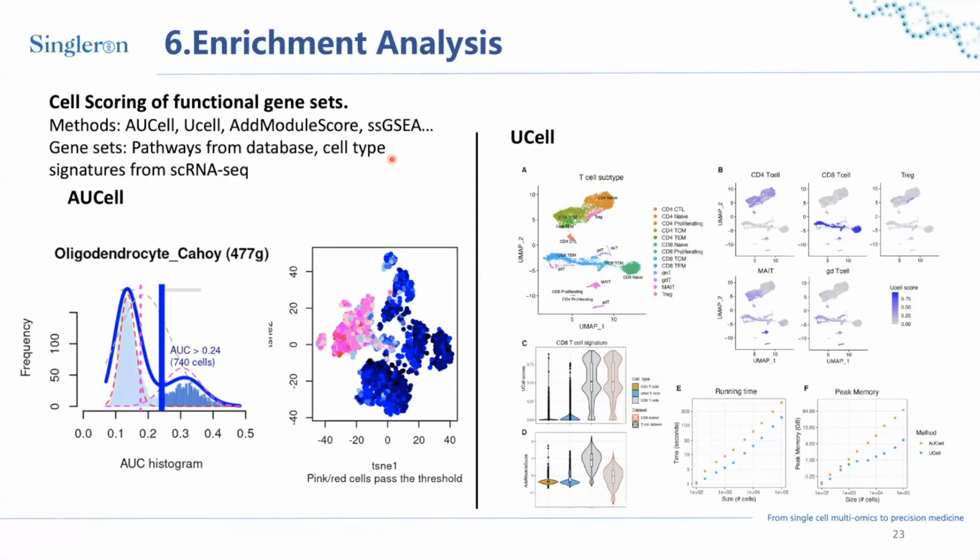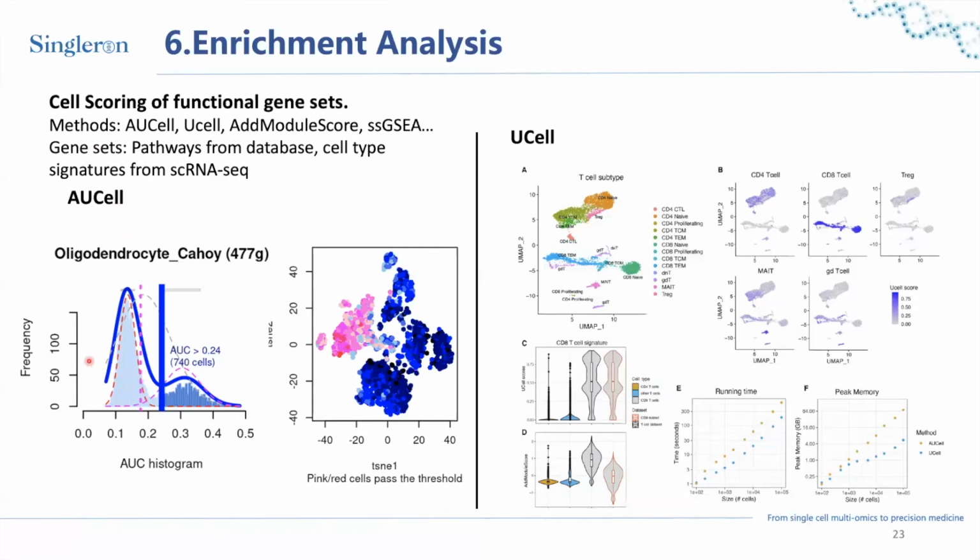Here I would like to introduce two of those methods. One is AUCell. AUCell orders the genes in a cell according to the expression level. These are the ranks of the genes, and by calculating the area under the curve, depending on whether the genes are inside the gene set or not, you will get an enrichment score.